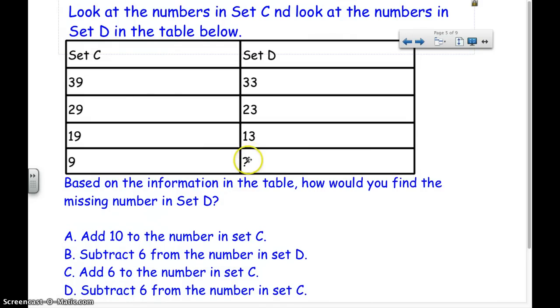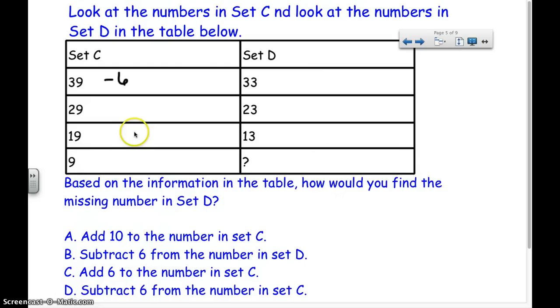So I'm going to say that going from 39 to 33, that's going to be a difference of 6 if I subtract. So this would be minus 6 goes there.